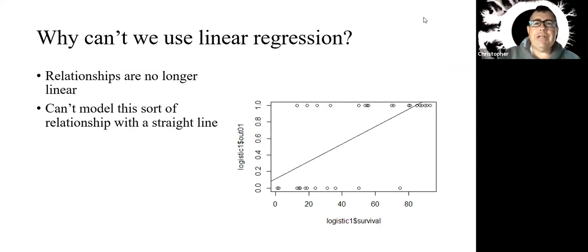So why can't we use linear regression in these cases? Why can't we just run regression as we always have and not have to learn something new? Well, the easy answer here is that the relationships are no longer linear. We can't model this sort of relationship with a straight line. In this graph, we see a continuous variable called survival predicting an outcome that's either a 0 or a 1.